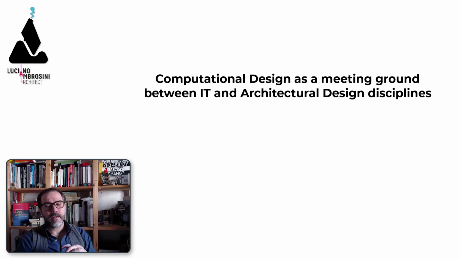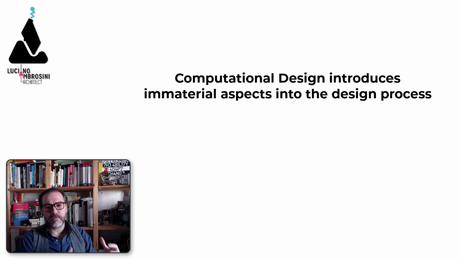The second concerns the possibility of expanding the design intention with aspects that are not just material. Think of bricks, construction elements, pillars, beams, wood. Not only this aspect, but also immaterial ones.